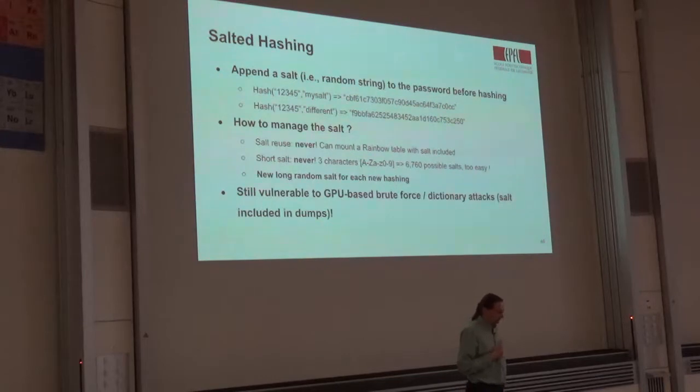So let's first look at the, by now, absolutely standard practice of just adding a salt. Right? So what is a salt? Well, a salt is just a non-secret thing, something that we store in the password database.